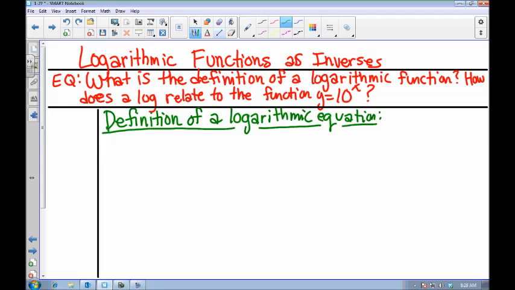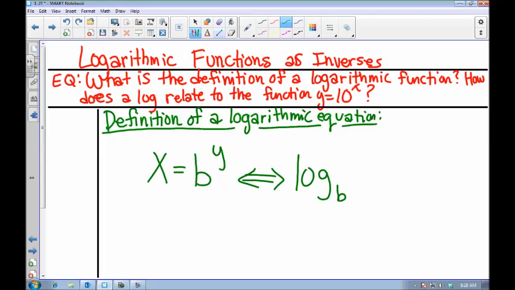So you'll want to put a big box around it. If you have highlighters, this would be something you would highlight. X equals b to the y, which is interchangeable with log base b of x equals y. This b is like a subscript, a little bit lower.